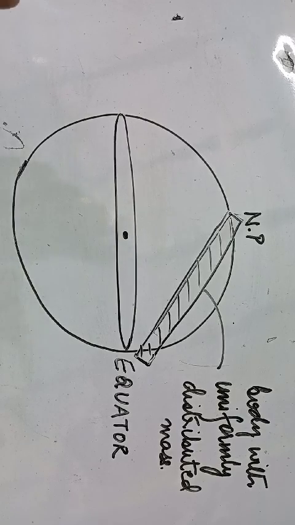Let's talk about center of mass first. Center of mass is a point on the body which is the central point with regards to the continuous or uniform mass distribution on the body.